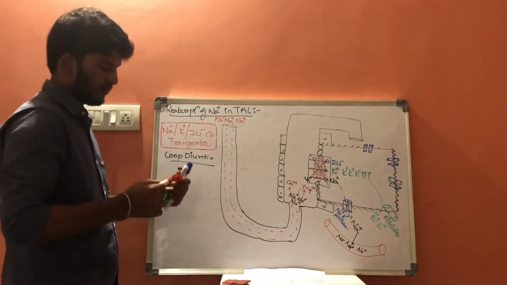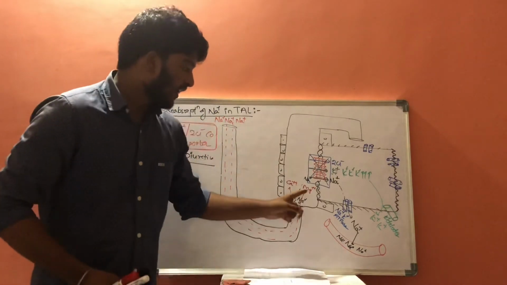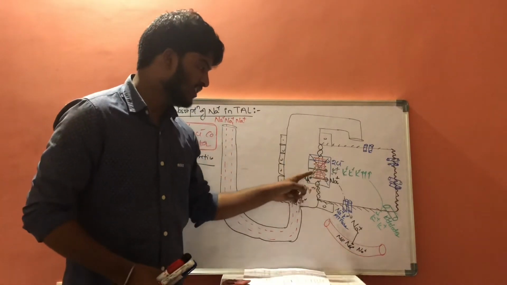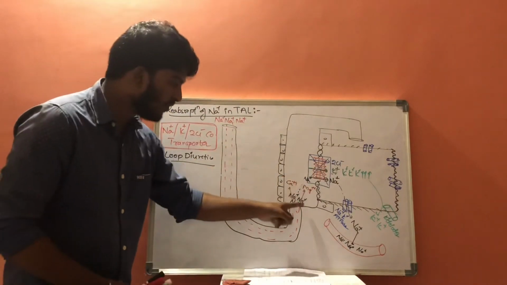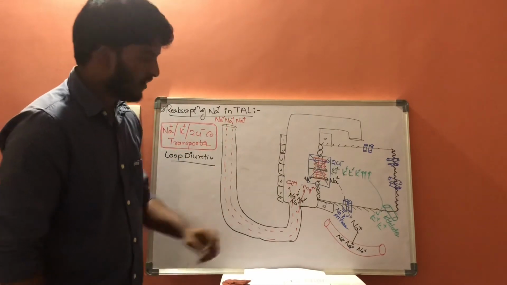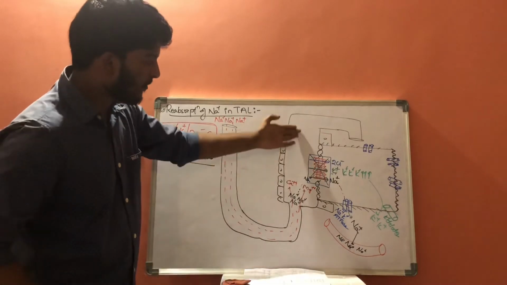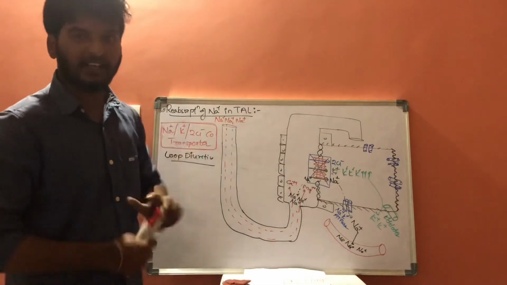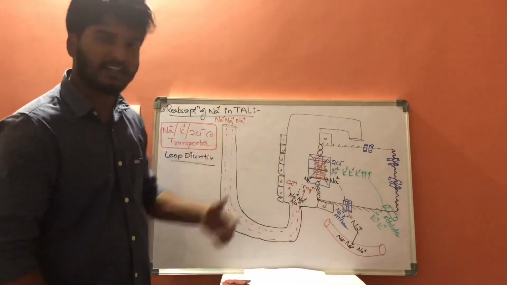If this co-transporter is blocked, the sodium concentration within the loop will increase. Sodium is positively charged, so the electropositivity within the loop of Henle will increase.